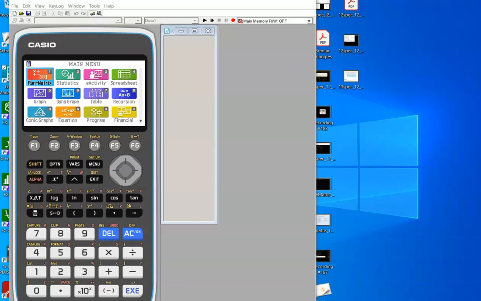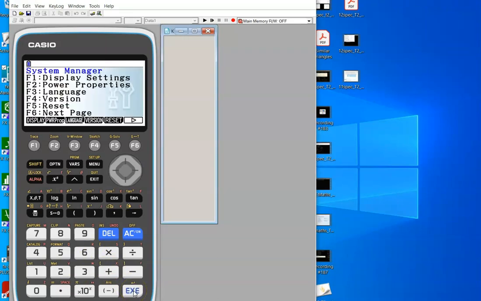Okay, so everybody goes to main menu, and we're going to go down into system. Everybody found that? We're in system, we press EXE. We're going to press F5 because we're going to reset.